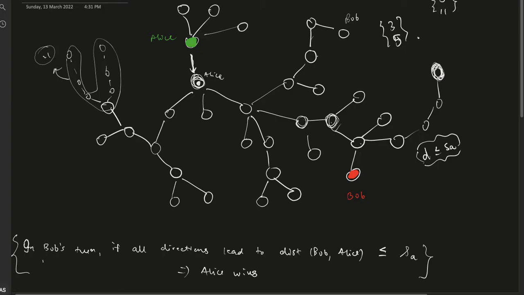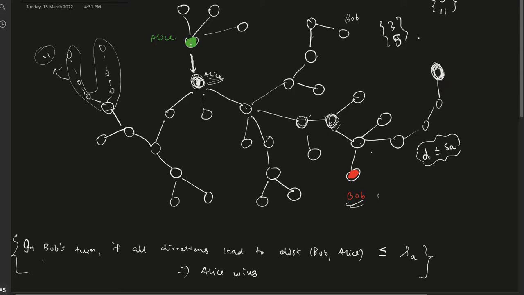So if this is the initial configuration, that Alice is here and Bob is here, then in the first step only, Alice will move 5 steps, 1 2 3 4 5, and reach Bob, so Alice would have won.